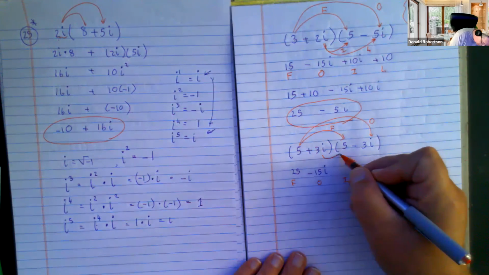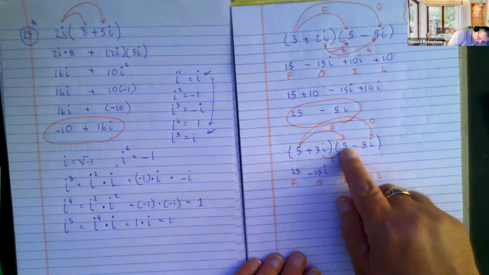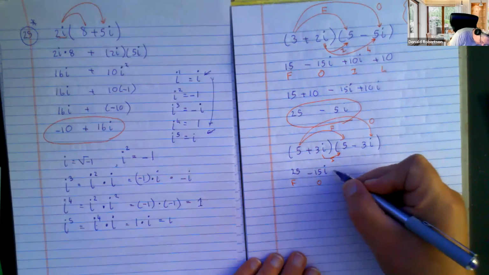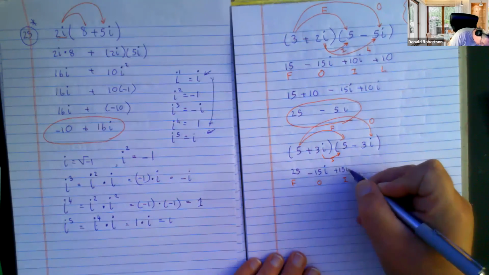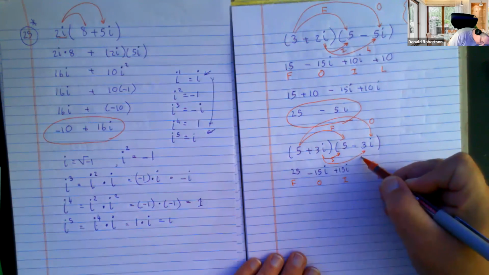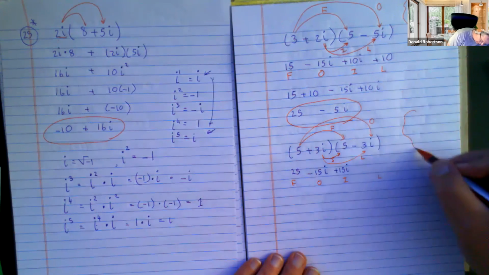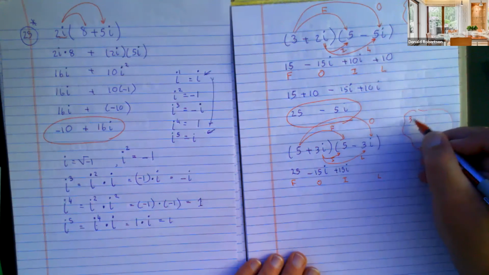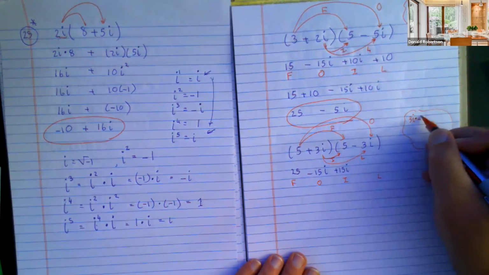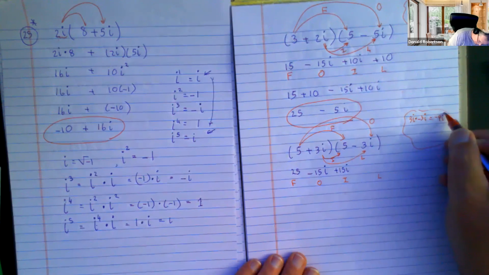The inside is these two, and positive 3i times positive 5 gets me positive 15i. I'm keeping the last one to the end. 3i times -3i. I'll do a little bubble here. 3i times -3i is -9i squared.